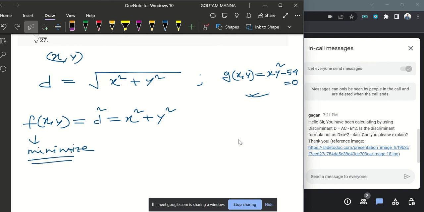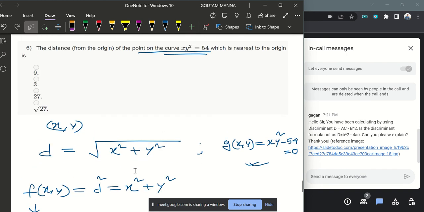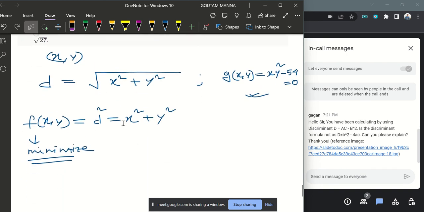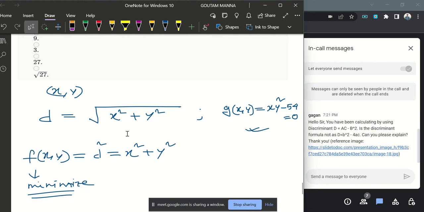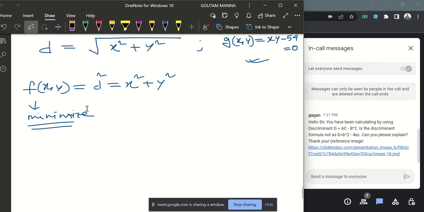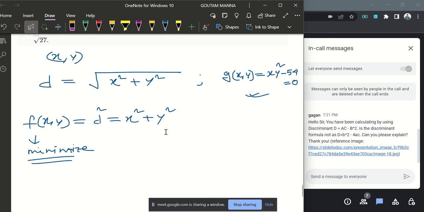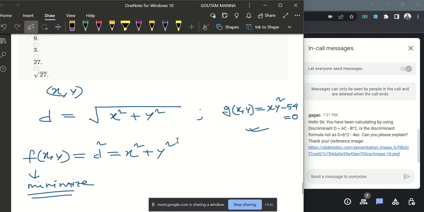If you minimize f(x, y), that is the distance squared, it will automatically minimize the distance also. Why am I using the square of the distance? Because there is no root. Taking the derivative with a root would be difficult, so for simplicity I am minimizing d². It will give the same point, which also minimizes the distance d.